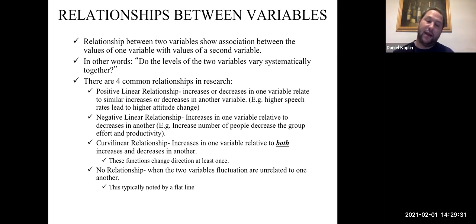There is no systematic connection between the factors. So an example might be your shoe size and intelligence. You can have a really large shoe size and have a high IQ, average IQ, or low IQ. You're not going to find a systematic connection.